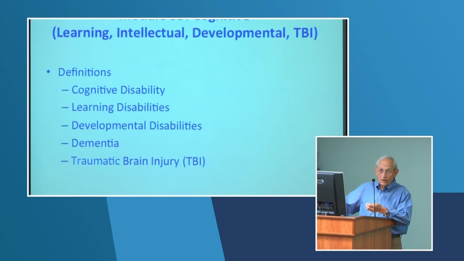Most cognitive and learning disabilities are developmental or inherited. Dementia is different. Dementia is an intellectual cognitive problem that develops as we age, and not everybody gets it.